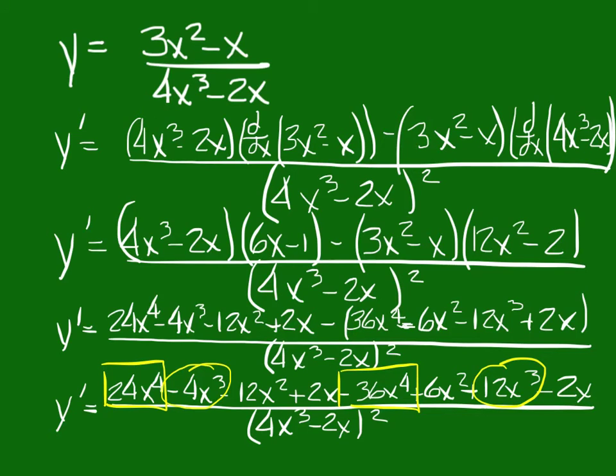And then for your squares, minus 12x squared, minus, or is that a plus? Plus. Minus 12x squared plus 6x squared is minus 6x squared. And then you have plus 2x minus 2x. Those are now gone. Of course, the bottom stays the same.